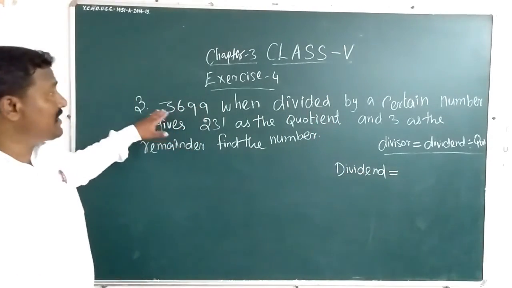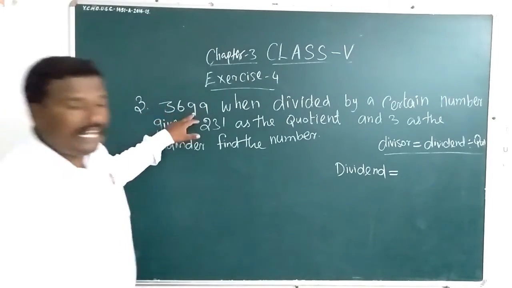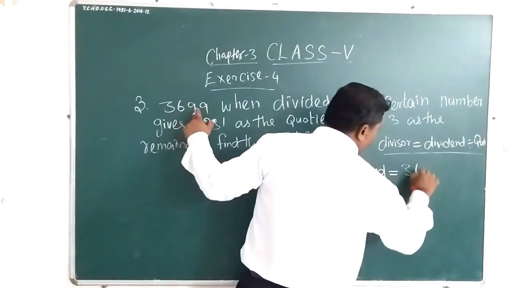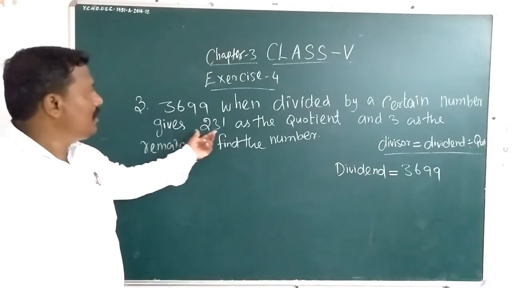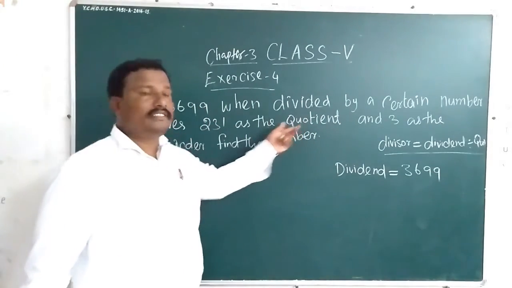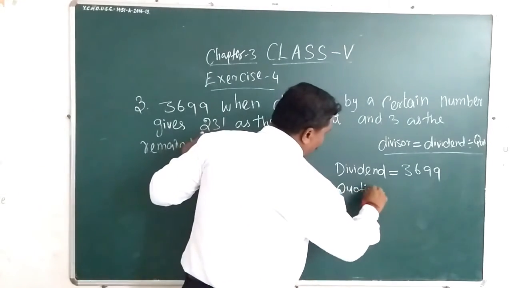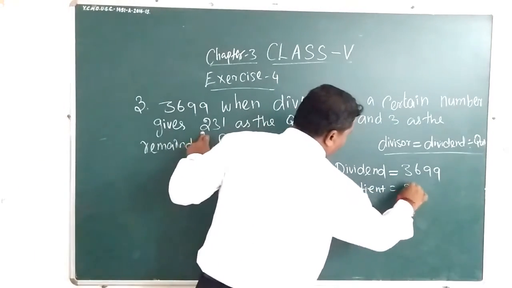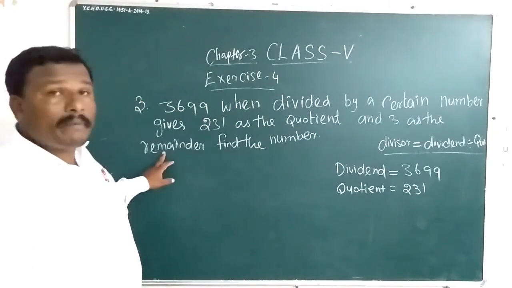In this sum, they given dividend. What is the dividend? 3699. Then they given 231 as the quotient. So we have quotient also. Then they given 3 as the remainder.